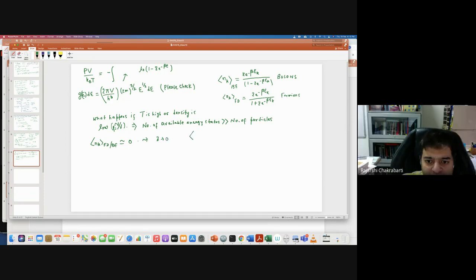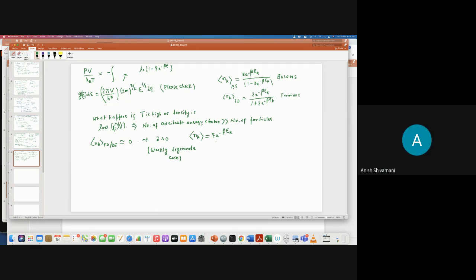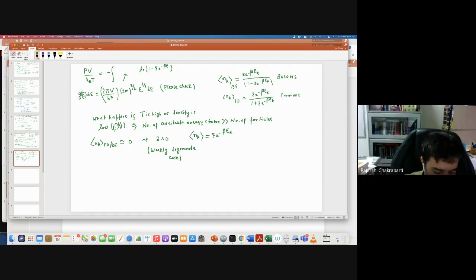Because in that case your nk average is going to be small, and this is called the weakly degenerate case. This is fine, because 1 minus this is small, so I neglect it.